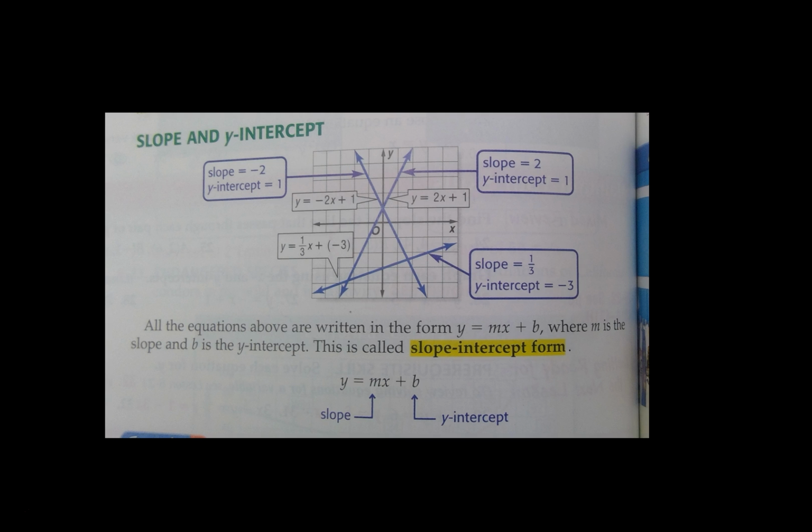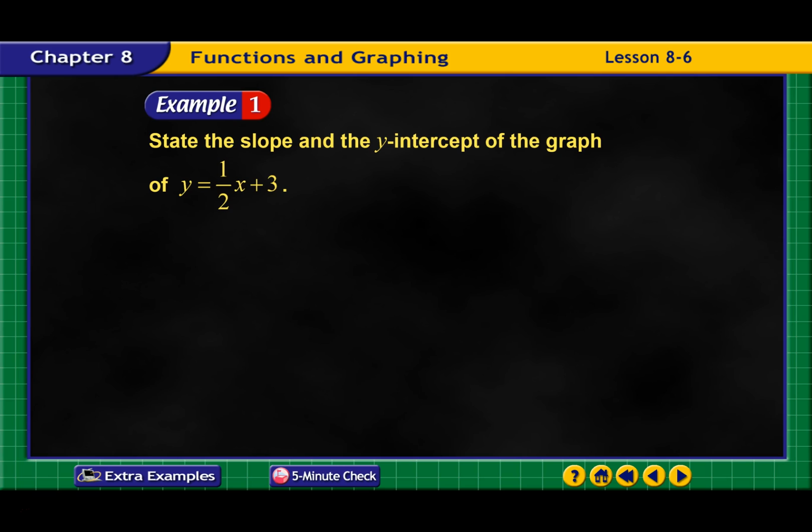All right, so here's those same things. All the equations were in the form y equals mx plus b. So here is your slope intercept with your slope intercept. And we kind of already went through everything that was on here. All right, so state the slope and y-intercept of the graph of y equals 1/2 x plus 3.